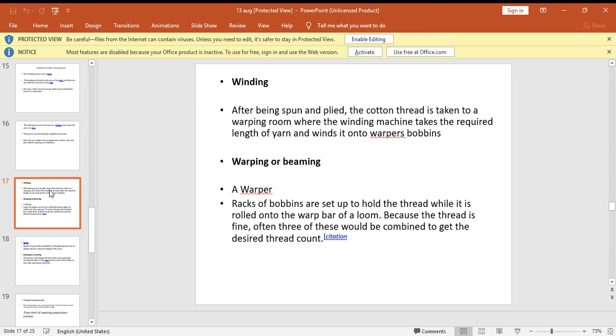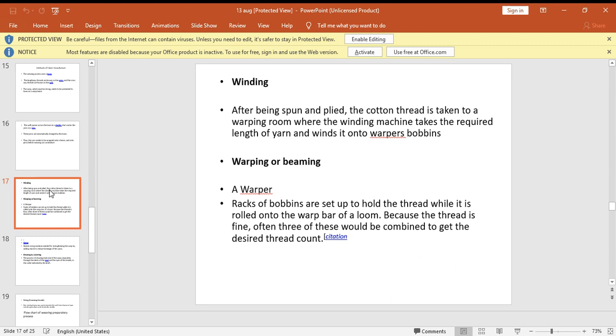After being spun and plied, the cotton thread is taken to a warping room where the winding machine takes the required length of yarn and winds it onto a warper's bobbins. So, how is the length of the yarn going to be obtained?